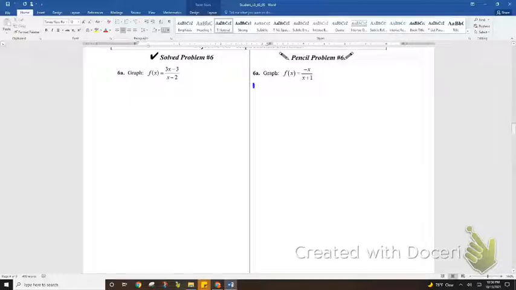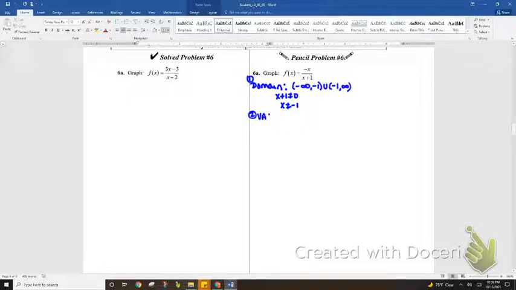Alright, so for domain. Domain is the denominator cannot equal 0. So x cannot equal -1, which means we're going to go from -infinity to -1, union -1 to infinity.